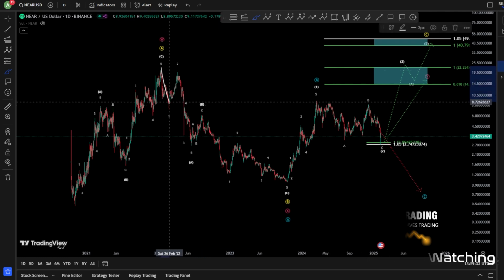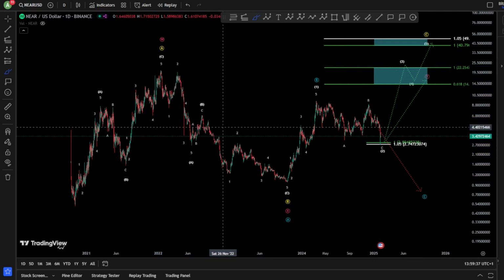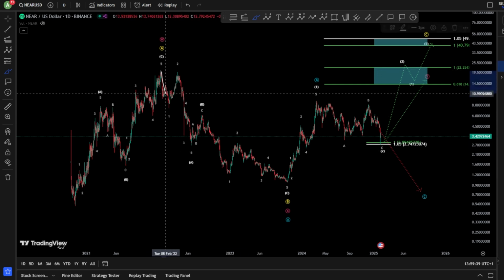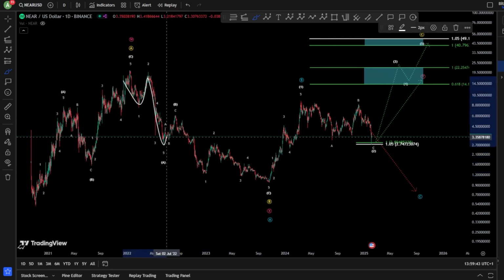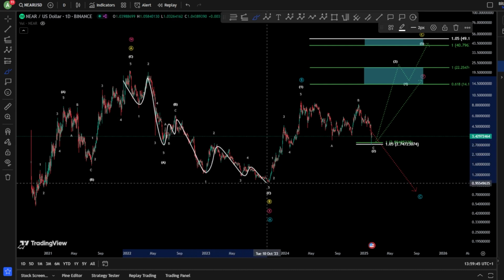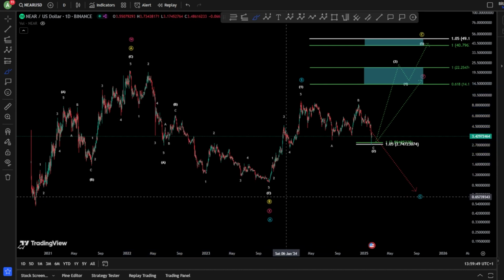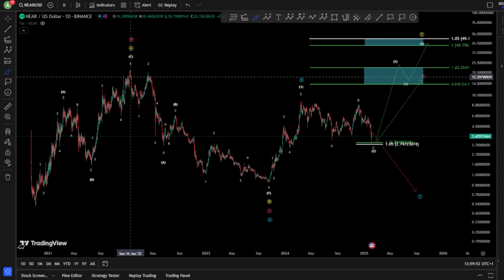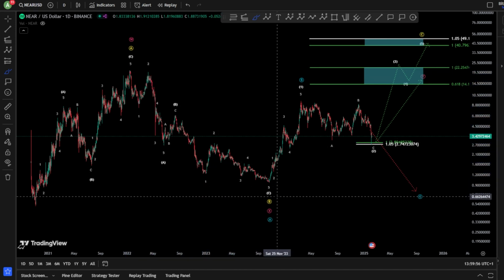After this, we got, of course, an impulse probably toward the downside here in 5 waves, or it can even be an A, B, and a C, 3 waves down and correction. 1, 2, 3, 4, 5 in an ending diagonal is very possible, and even a higher possibility, because as an impulse it is looking very choppy.